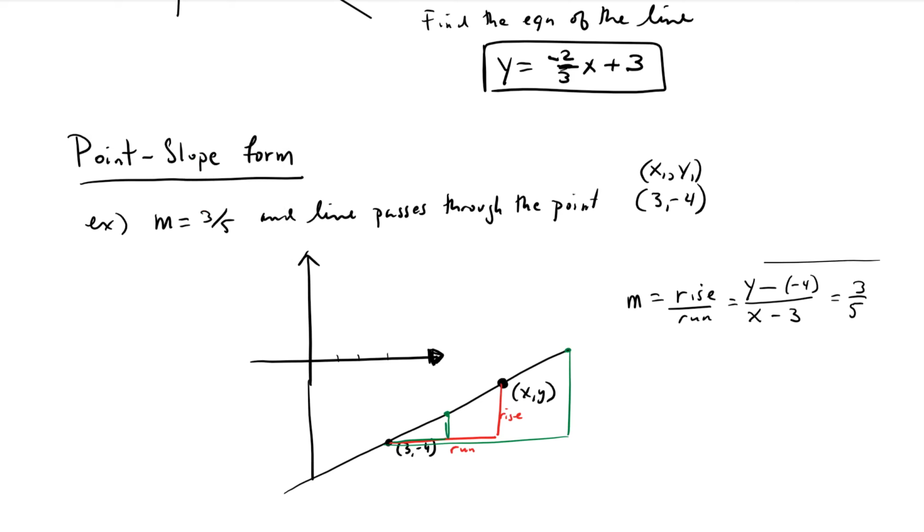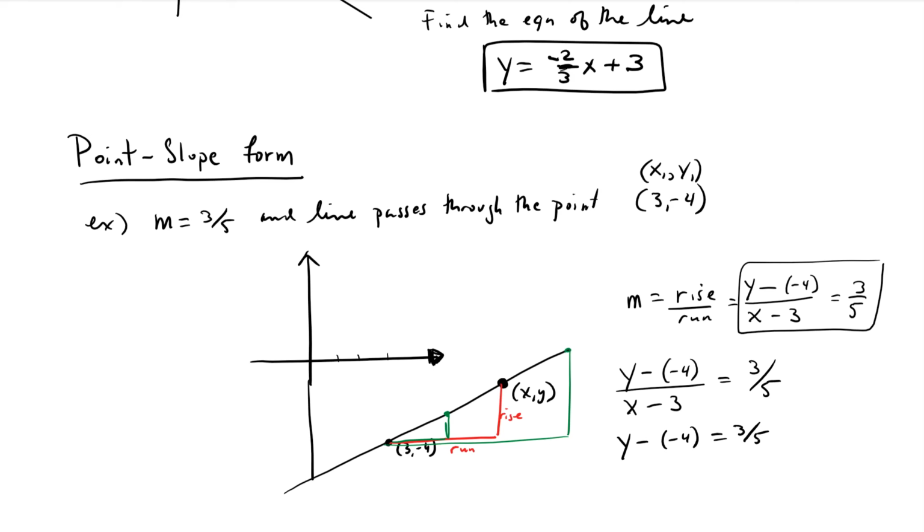Okay, let's look at that more closely. So what do I have? I have y minus 4 over x minus 3 is equal to 3/5. And let's solve that for y now. So y minus 4 is 3/5 times x minus 3, right? I multiply by x minus 3 on both sides.